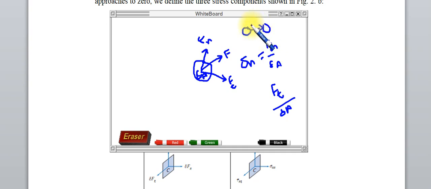This force develops stresses, and if this force is normal to the area, it will be the normal stress. If it is tangential to the area, it is denoted by tau, the tangential stress, or sigma t. So we have tangential stress and normal stress.